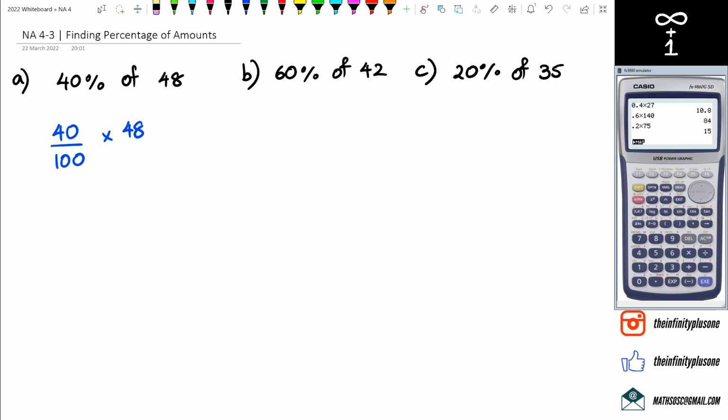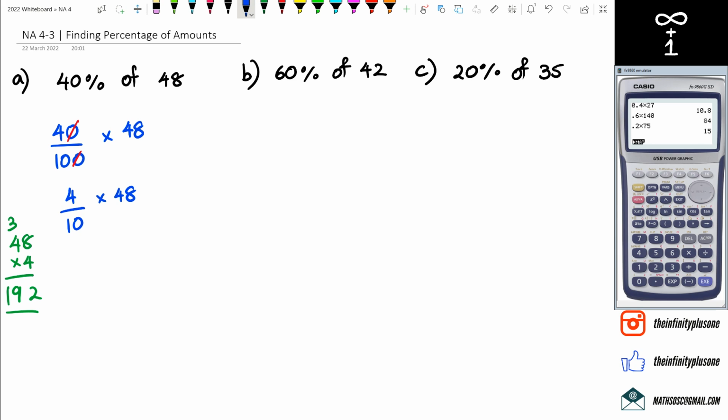If you want to do this as 10, we can actually cancel our two zeros because 40 over 100 is the same thing as saying 4 over 10. So we can rewrite this as 4 over 10 multiplied by 48. On the side, I'm going to do 48 times 4. So 8 times 4 is 32, 4 times 4 is 16, plus 3, which equals 192.